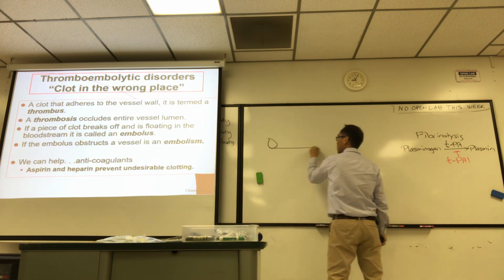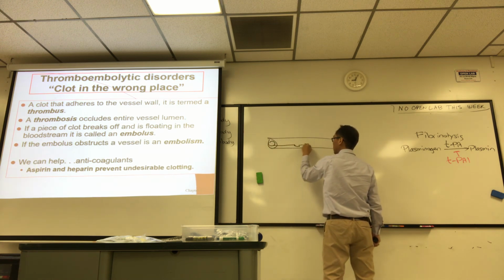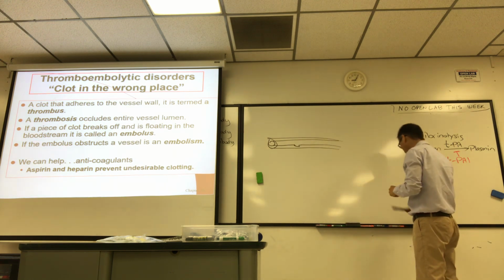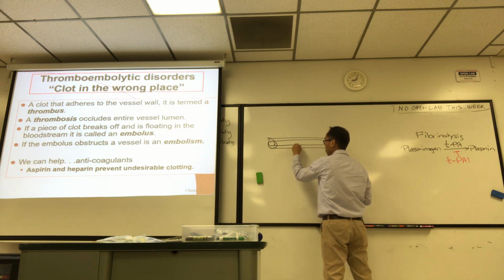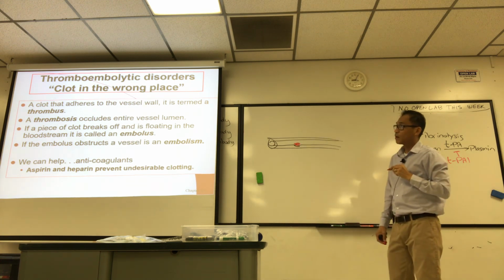So you have a blood vessel here. There's the vessel, and we'll say got a damage there. And that damaged tissue causes a clot. Let's say the clot partially occludes the lumen. That's called a thrombus.